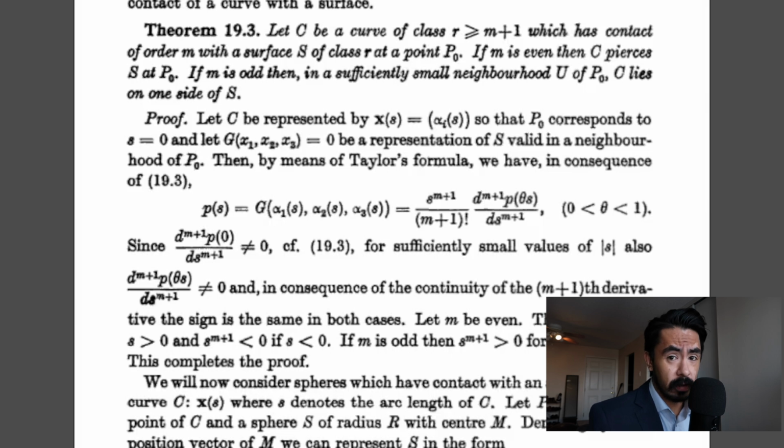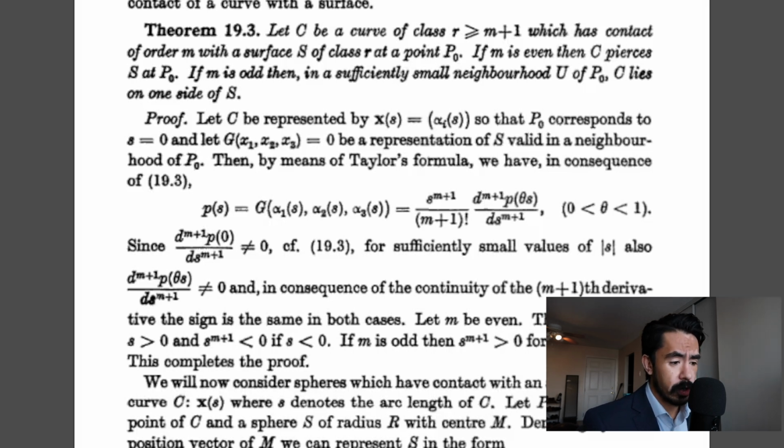Then, by means of Taylor's formula, in consequence of the result of the lemma that we just proved, P of s is equal to the function g evaluated at alpha 1 of s, alpha 2 of s, and alpha 3 of s respectively, which is equal to, by this Taylor theorem expansion, s to the power m plus 1 over the factorial of m plus 1 times the m plus 1th derivative in terms of arc length of the function P evaluated at theta times s, where theta is strictly between 0 and 1.